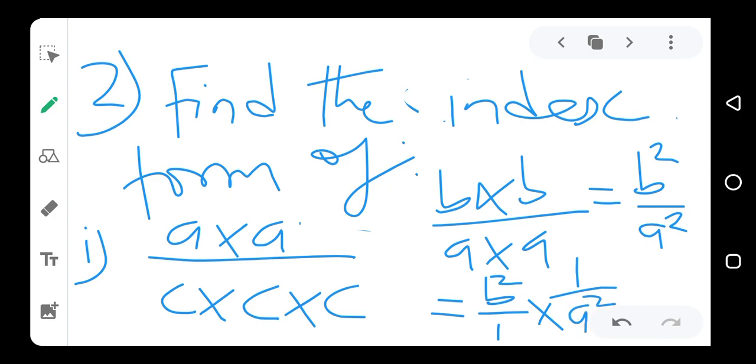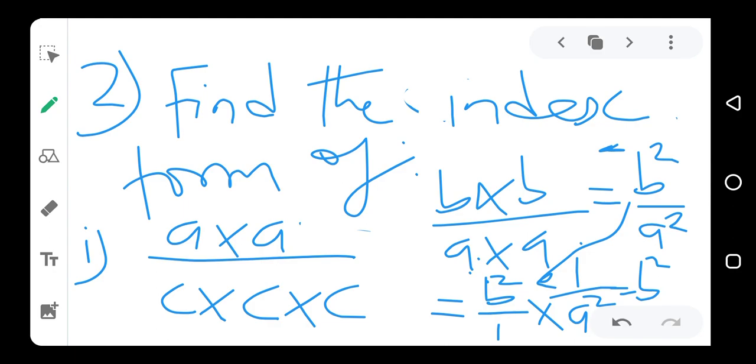Because if you times the one that is on top, b raised to power 2 times 1, that will give you this b raised to power 2. And if you times 1 times a raised to power 2, it will give you the one that is below, which is a raised to power 2. So this is equivalent to this. So b raised to power 2 over 1 is the same thing as b raised to power 2, and then 1 over a raised to power 2.